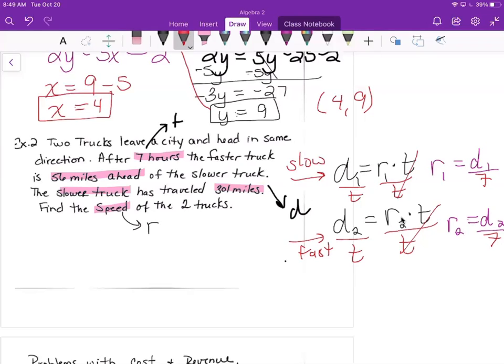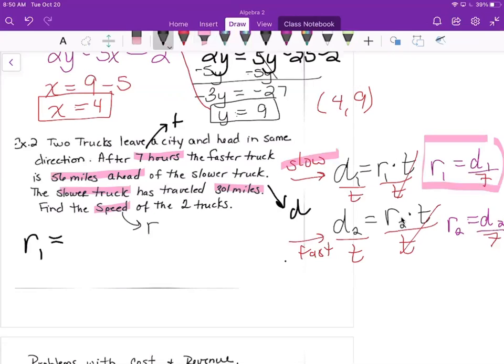It says the faster truck is 56 miles ahead of the slower truck, and the slower truck has traveled 301 miles. So let's take this slow equation right here, and we're going to plug 301 in place of our distance.